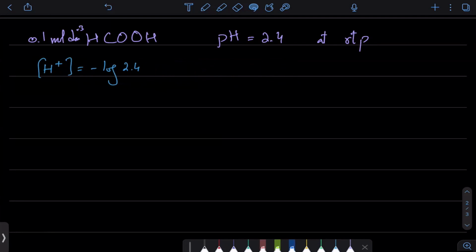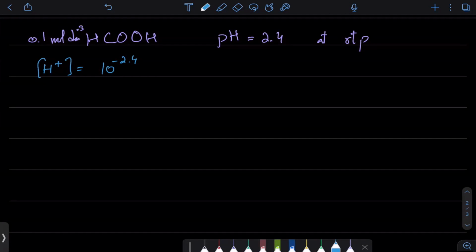So pH is 2.4. I could say that H positive concentration is minus log of 2.4, right? Using the calculator, I'll get a value of 0.38. Oh, wait a minute, sorry. This is not H positive, this is pH. So it will be 10 to the power minus 2.4. pH is minus log, so the opposite will be 10 to the negative power.